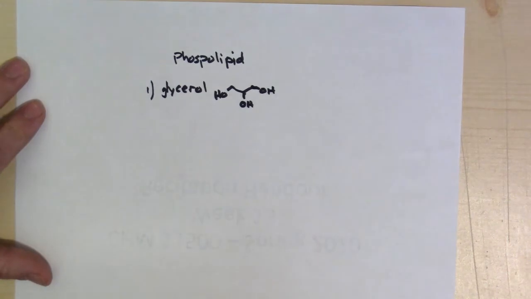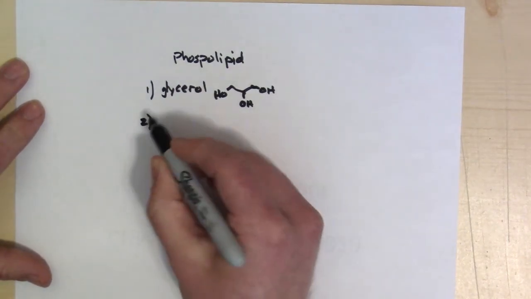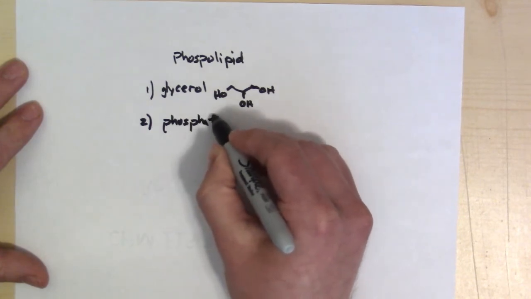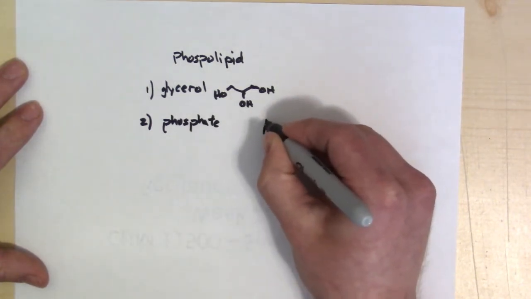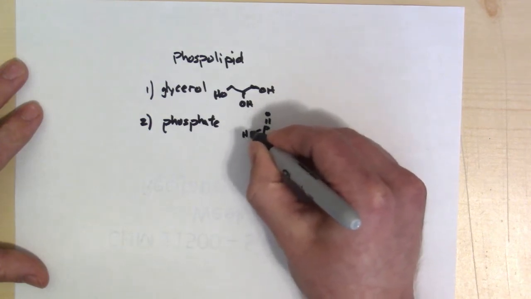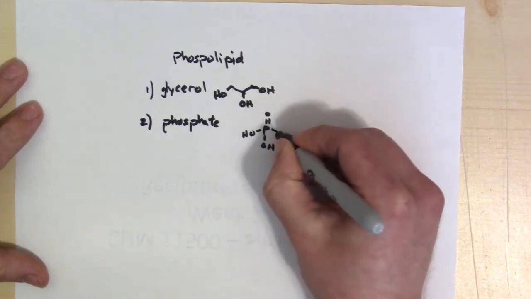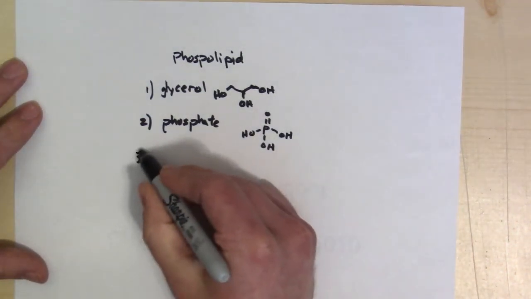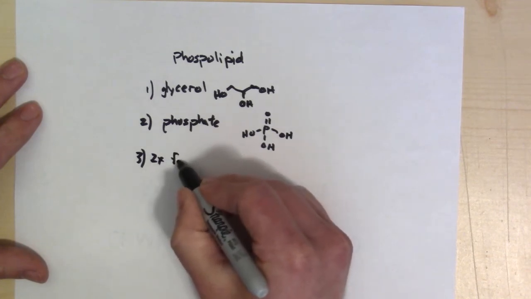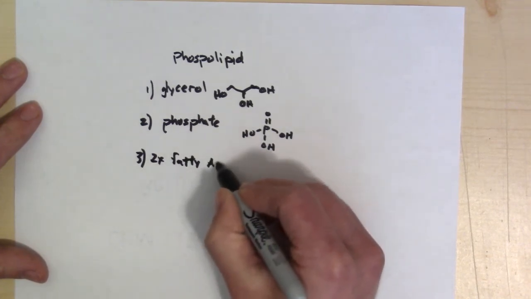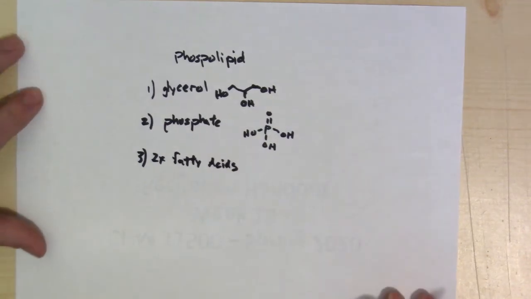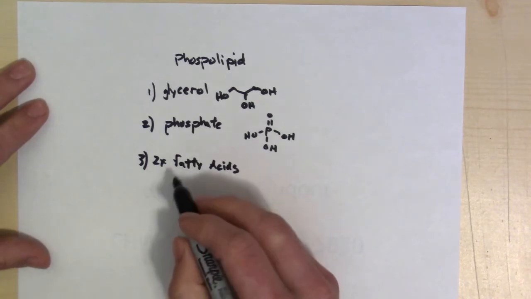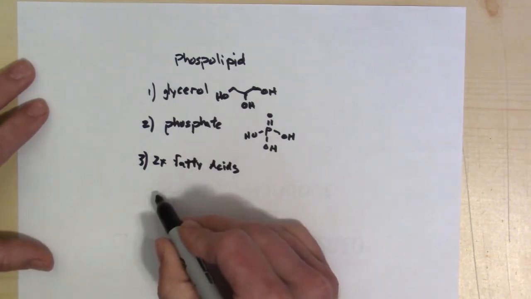So this is what glycerol looks like. The second of the 4 parts is a phosphate. So the phosphate comes from phosphoric acid, which is what we see there. The third part is 2 fatty acids. So a fatty acid is just a long carbon chain carboxylic acid, so something like stearic acid, which we saw when we were describing the soap molecule.